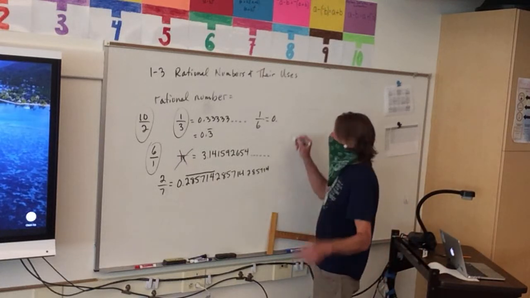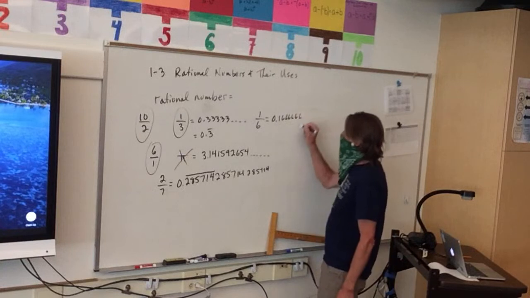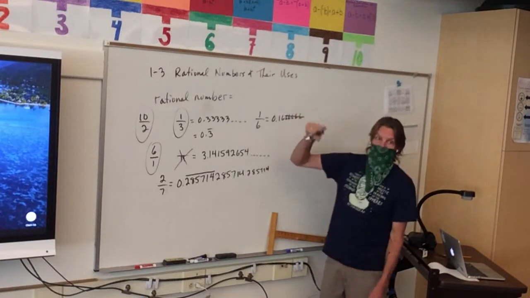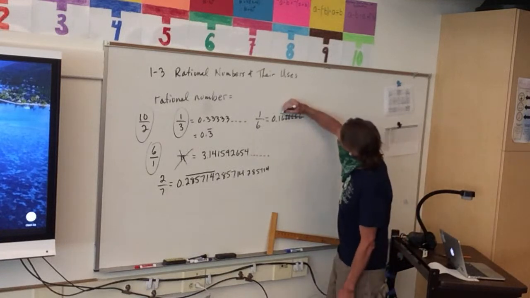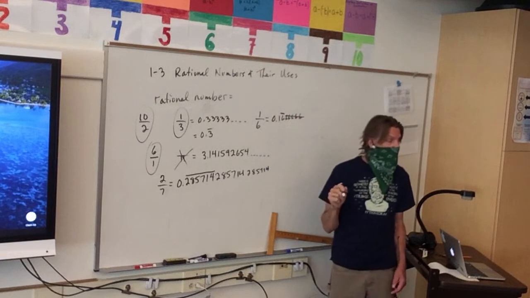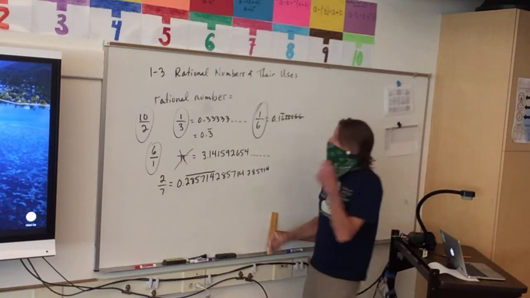Say it again, louder, Clover. 0.16666666667. So the 7 means that the last one got rounded up. So this ends up being 0.16 with the repetend over the 6 only. But it's a fraction, so a rational number.